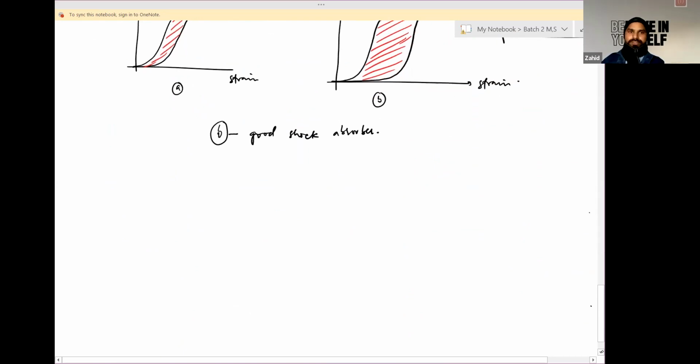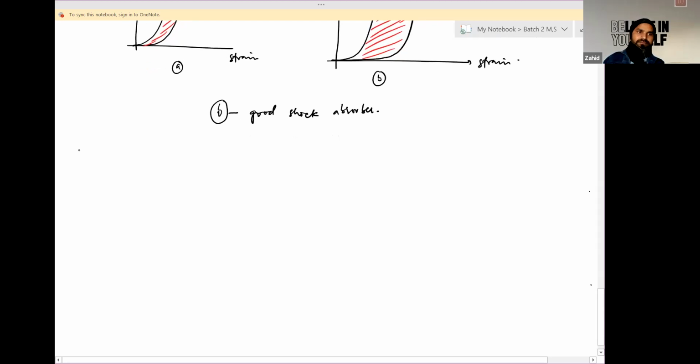Now there will be another question. Suppose you will be asked, if you hang a wire freely from any support like this for a long time, would there be any change in its length or not?